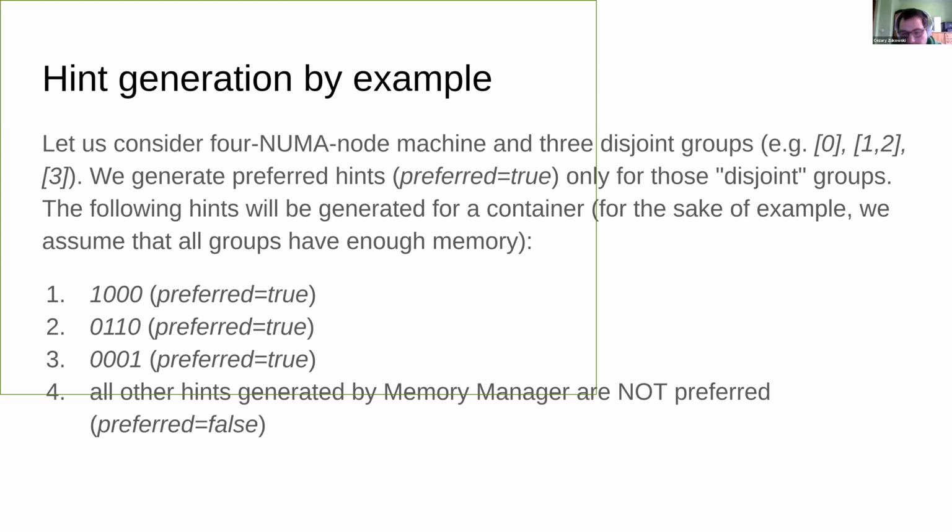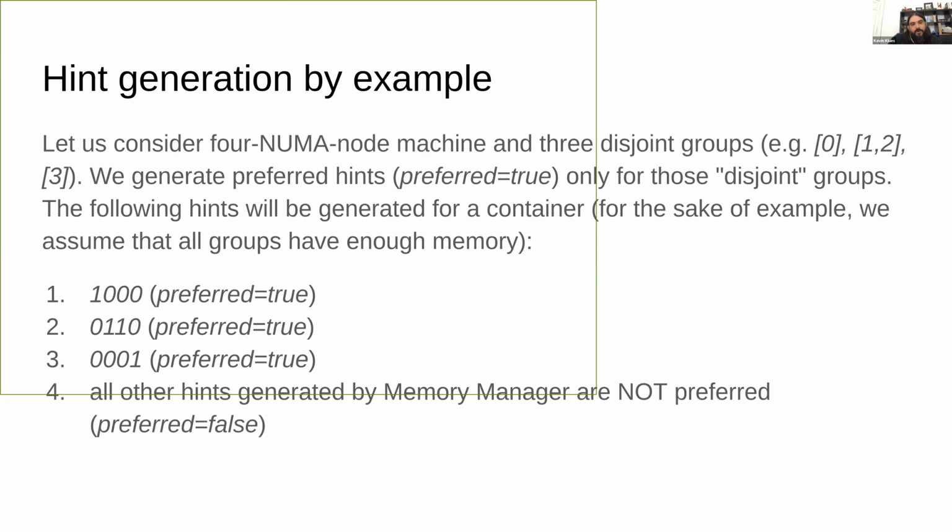Yeah, but let's first consider the single NUMA policy in topology manager. Mm-hmm. Then topology manager will only accept single NUMA hints, so the first and the third one, yes. And we'll choose, I think, the first hint, because I don't remember exactly. I guess what I'm getting at is, imagine that you had 3 pods come along.